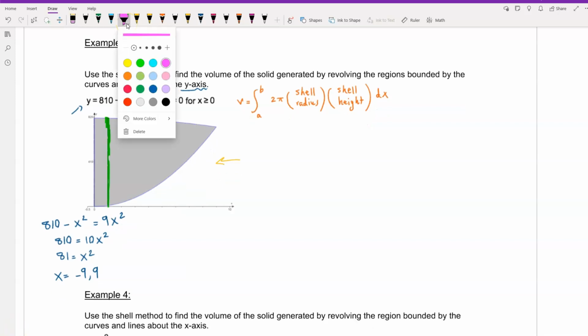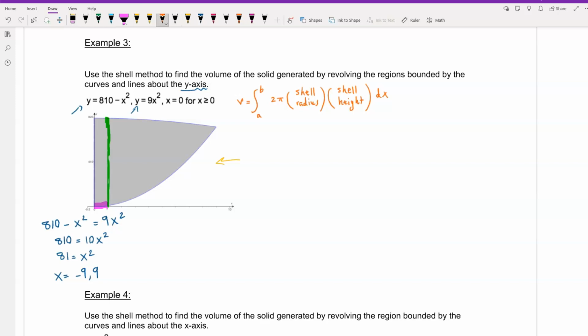So our shell radius is what we have here on x, and the shell height is that part. Our shell radius is x and the shell height is 810 minus 10x squared.